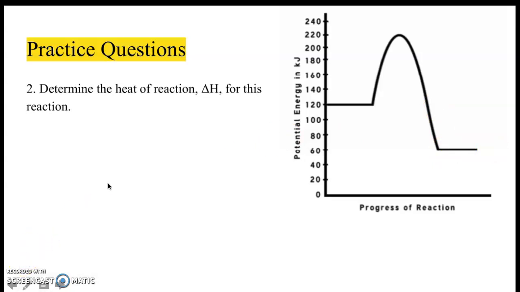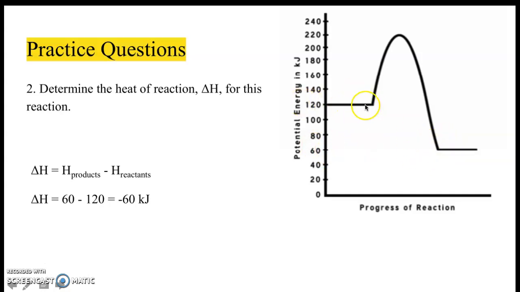Our next practice question is determine the heat of reaction, delta H, for this reaction. Remember, delta H is H products minus H reactants. We are going to get a numerical answer for this. So again, delta H is products minus reactants. Our products have about 60 kilojoules, so H product would be 60 kilojoules.